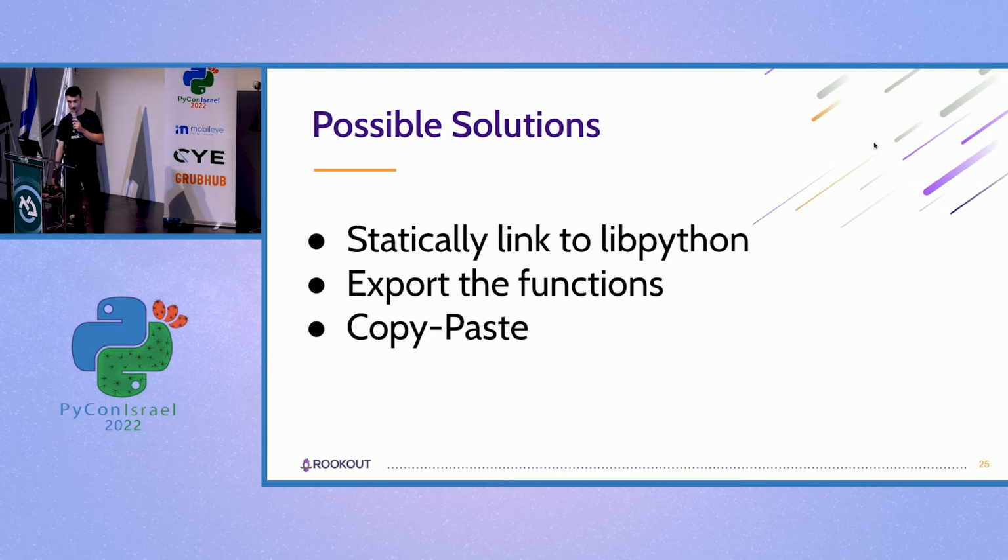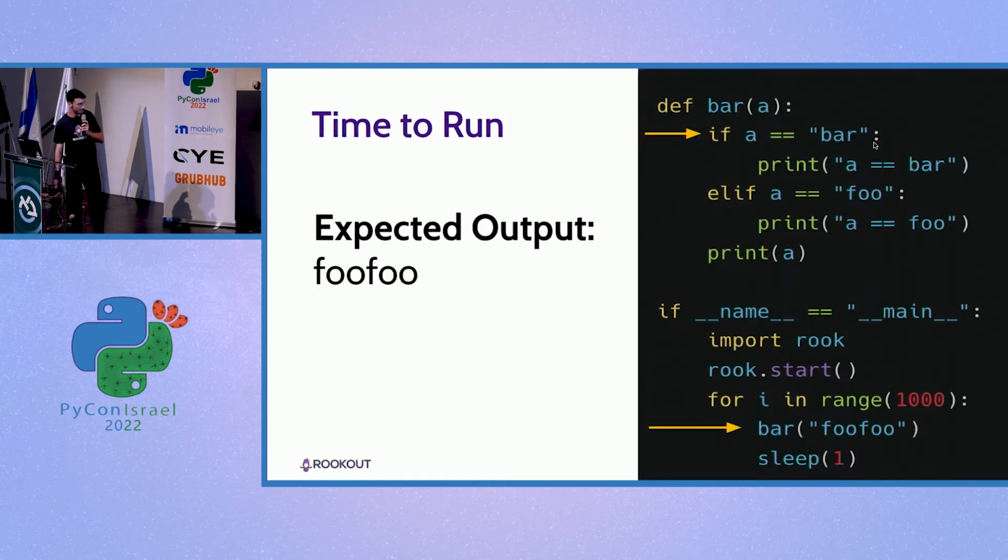I could iterate through the new line table, and it was time to actually run it and see what happens. So this time we placed the breakpoint on the first if condition. And please notice that we call bar with the argument fufu. So the expected result would be just to print fufu, and that's about that.